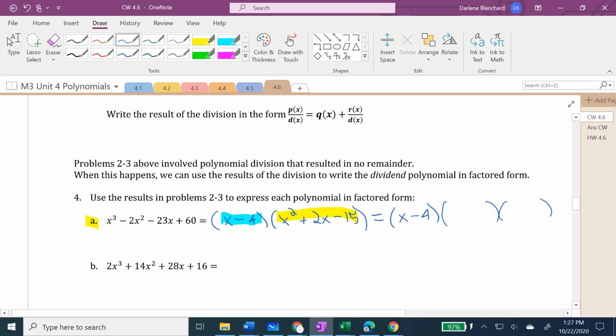Those two factors are x plus 5 times x minus 3. So this now shows you how you can factor a degree 3 polynomial provided that it is factorable into linear factors. Once you have those linear factors, you're then able to graph.